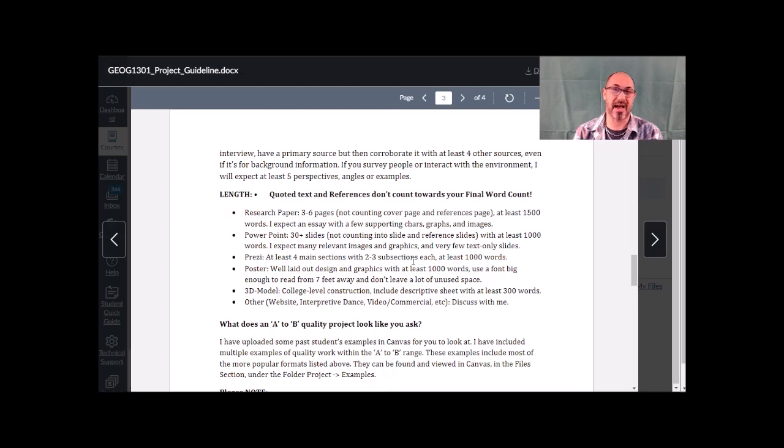Shoot for something a little bit higher, and that'll give you a little bit of leeway in case one of the sections just doesn't flow right, or you make a little mistake here and there. The larger the buffer of words, the better you will be in the end when it comes to having both quality and content. Okay? And a research paper should also have some charts and graphs, maybe a map, some data sets, some information about your research topic, not just words, right?